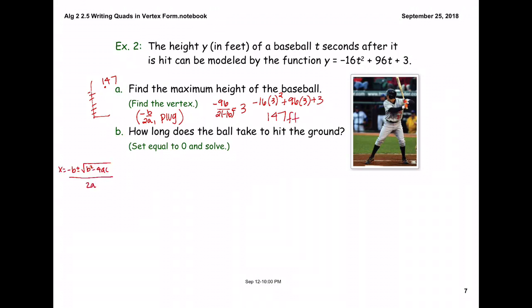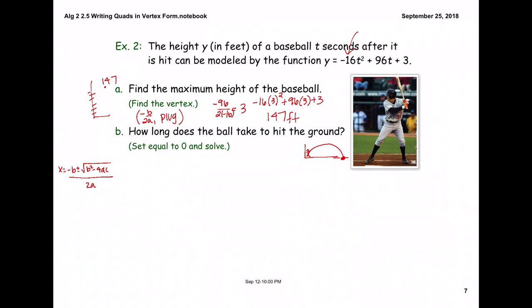In question B, it asks you how long does it take the baseball to hit the ground. So if we're thinking of a player hitting the ball, when it hits the ground would be our x-intercept. So the easiest thing to use is the quadratic formula with a problem this messy. I would not want to use completing the square because my coefficient of my squared term is not 1.